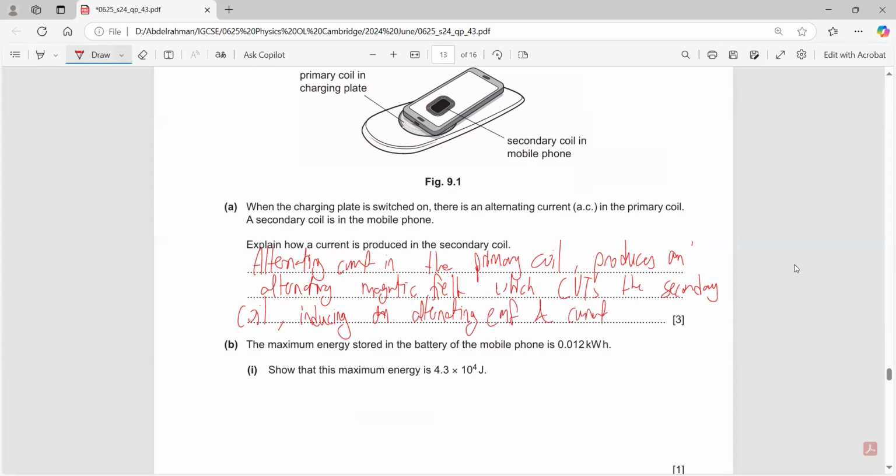Primary coil, alternating current, produces an alternating magnetic field, cuts the secondary coil, inducing a current and EMF.